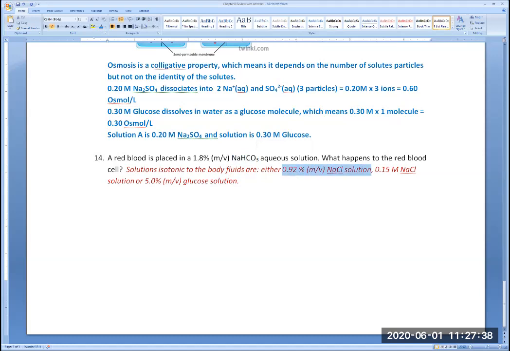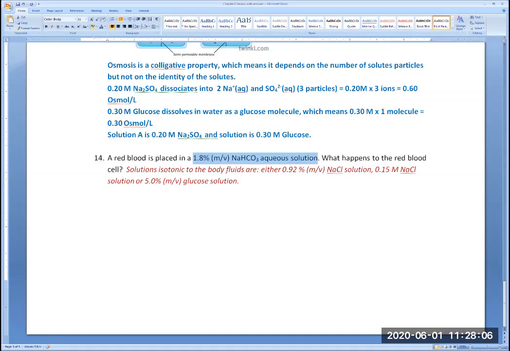So what you want to see is that your red blood cell has this solution of 0.92% mass per volume of NaCl inside, and you're placing that red blood cell into a 1.8% mass per volume of NaHCO3. And you want to decide which one will be more concentrated, if one is more concentrated.